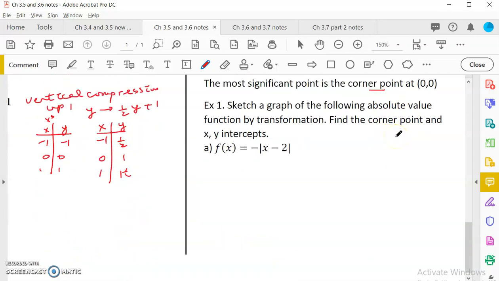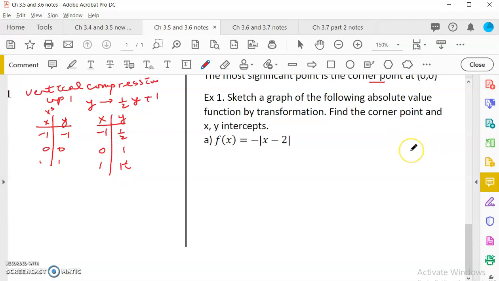So how do I graph other absolute value functions? Remember the transformations. If there's a function f of x equals negative absolute value of x minus 2, what kind of transformation is it, and how do I graph it and find the corner point, x-intercept, and y-intercept? First, there is a negative outside, so that means a reflection over the x-axis, a vertical reflection, up and down.